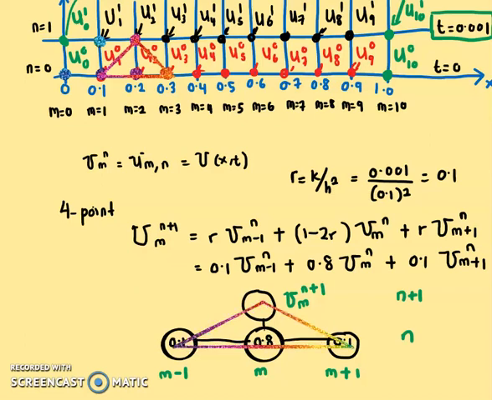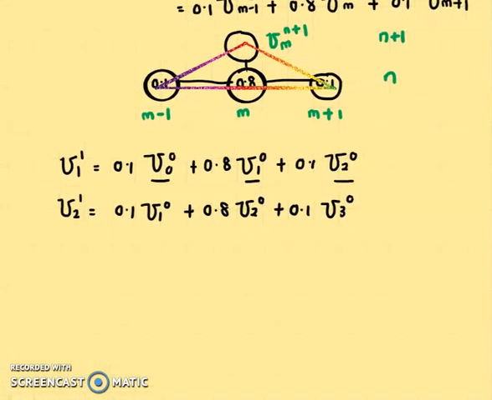Okay, now to find u31, we need u20, u30, and u40. So we have u31 equals 0.1 u20 plus 0.8 u30 plus 0.1 u40.